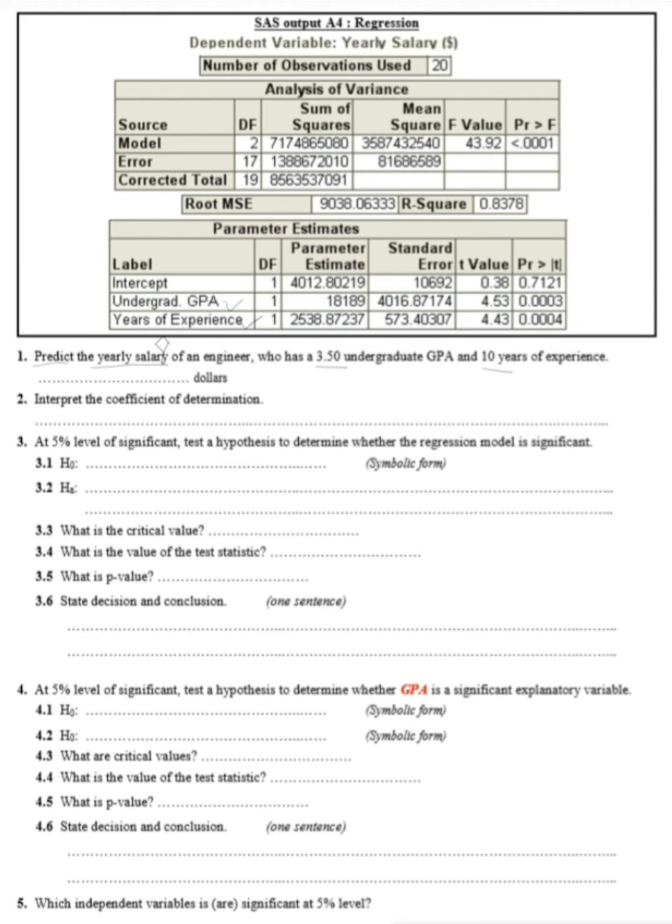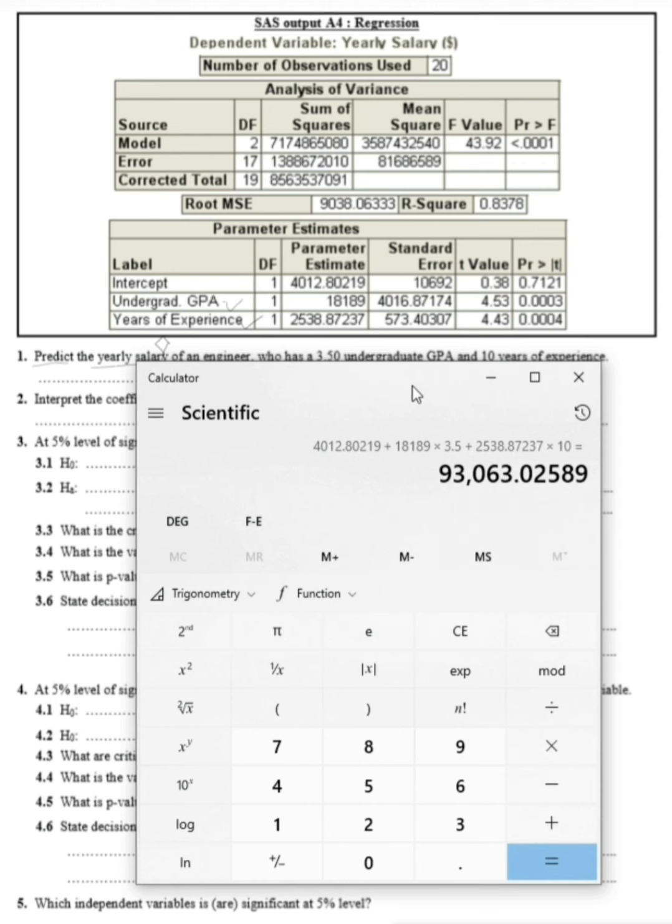You have to compute this. In the calculator, A is 4012.80219.